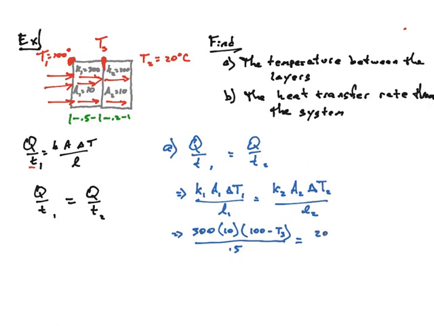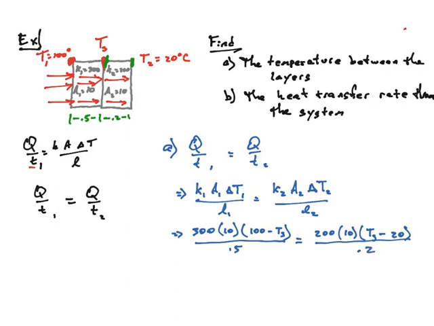K2 is 200. Area 2 is also 10. Delta T2, remember I'm doing left minus right. So the left side of material 2 is T3 minus the right side of material 2, which is T2, 20. And all that divided by L2, which is 0.2.